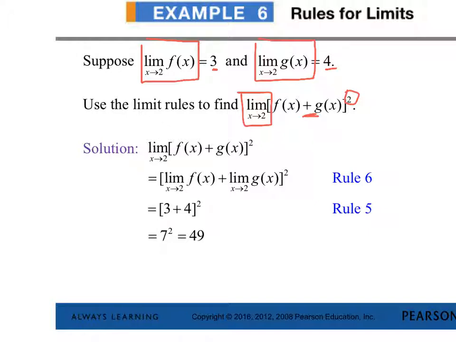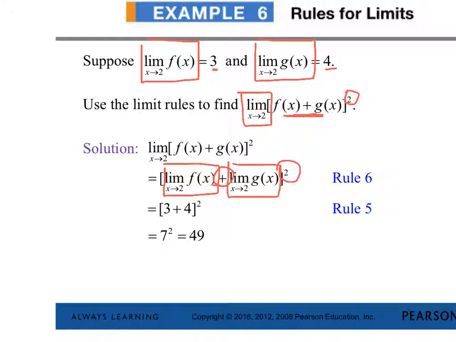Well, the way the rules work is you can take the limit of the first one and the limit of the second one, and because these are being added together, you add their limits. And then because that sum is being raised to the second power, you raise that second power on the sum of those two functions.